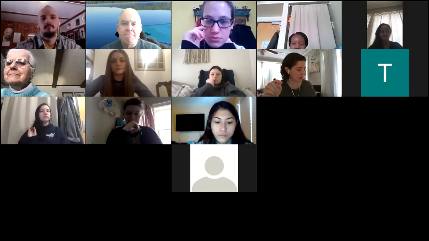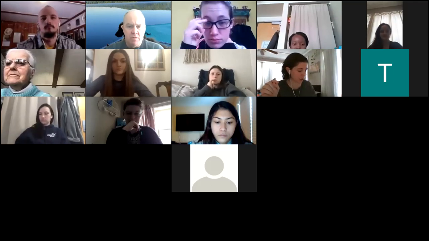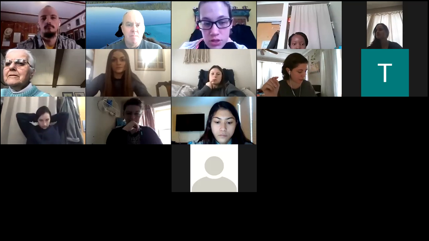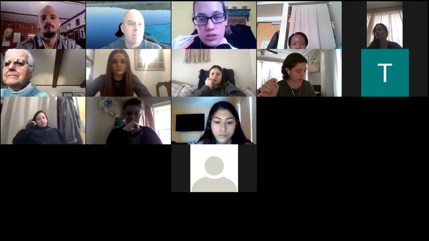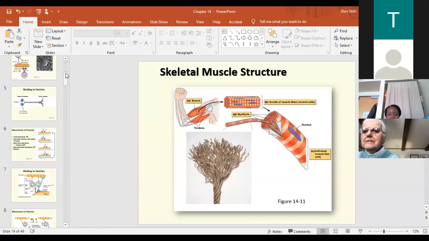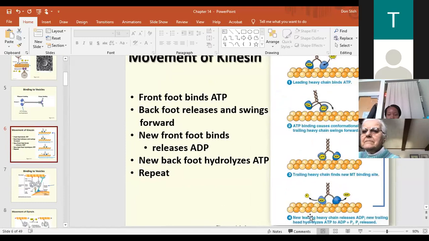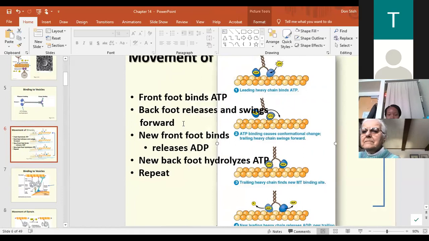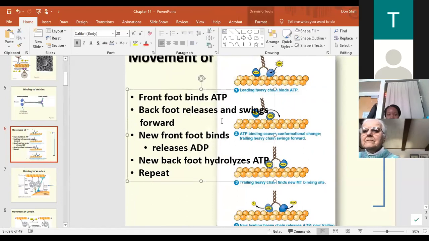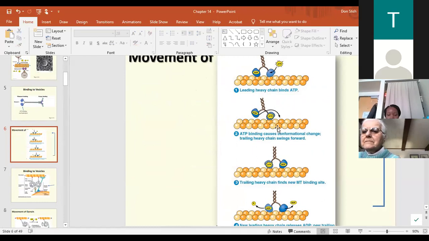I have a question. You might have to go back to the slideshow. It's on slide number 6, where you were telling us about the kinesin, and it was step 2 on slide 6. It was that when the back foot senses the ATP has bound to the front foot. Up on step 2, does it dump the ADP at that point? Hang on a second. Okay, so we're right here.